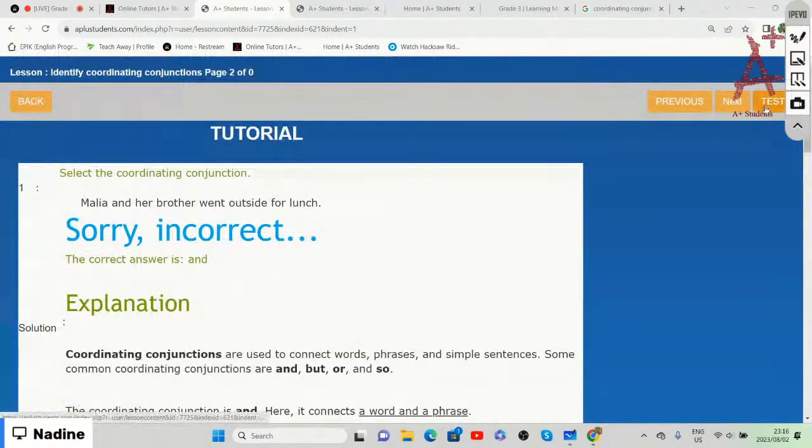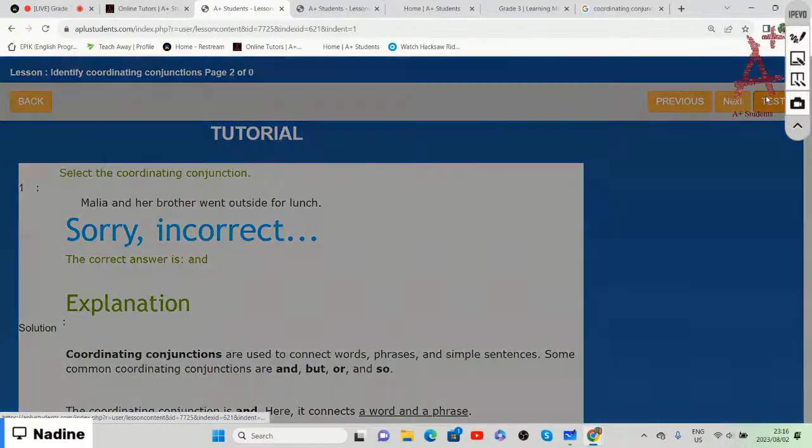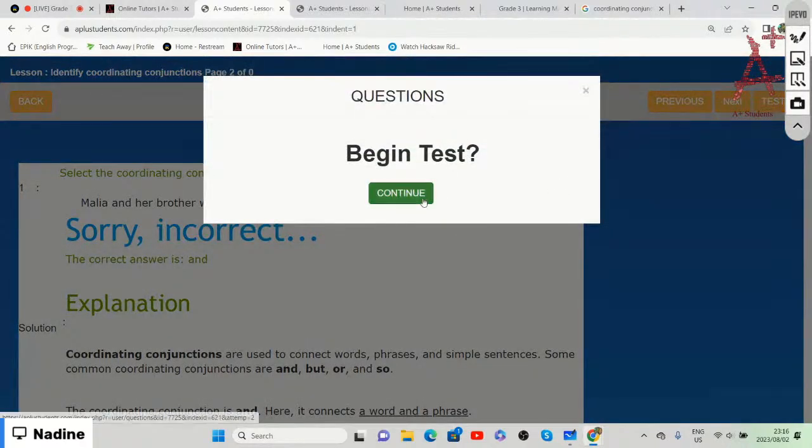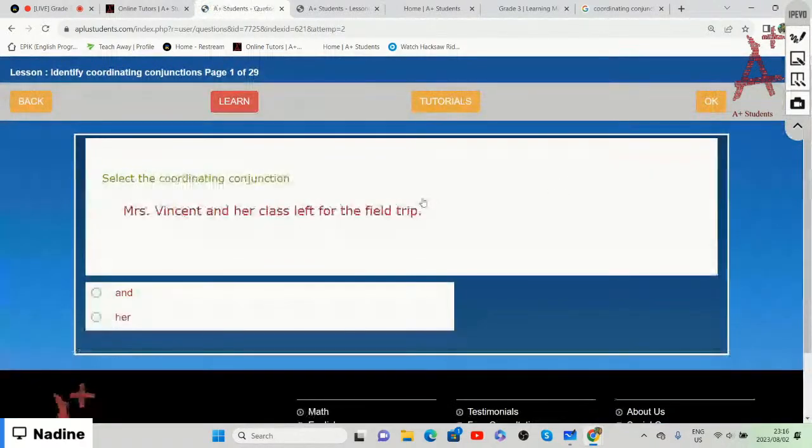All right, so now we're going to our test, where we identify coordinating conjunctions. You need to select the coordinating conjunction within the sentence.